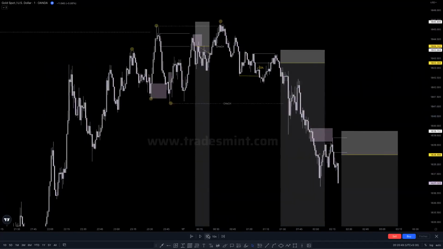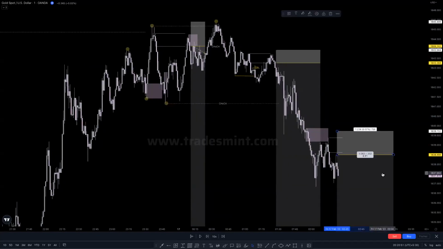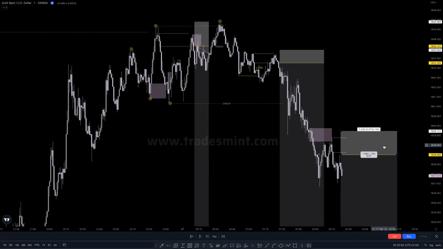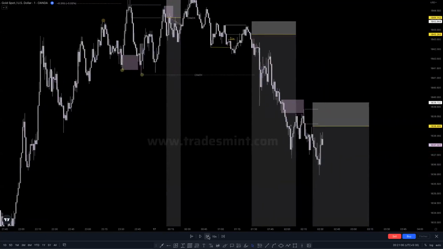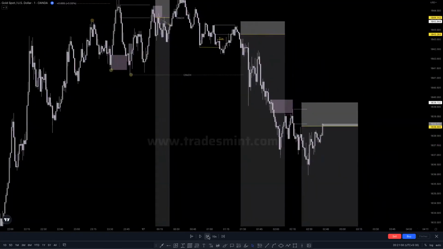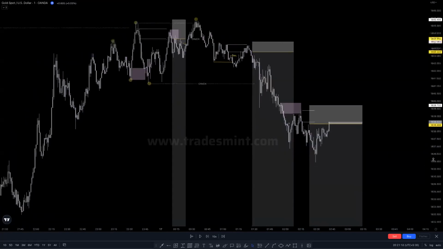So let's see. Okay, does price mitigate this one or not? Let me check first. Not. Okay. Yes, now it mitigates here, because on the next attempt the market swept this one. Okay, let's see.